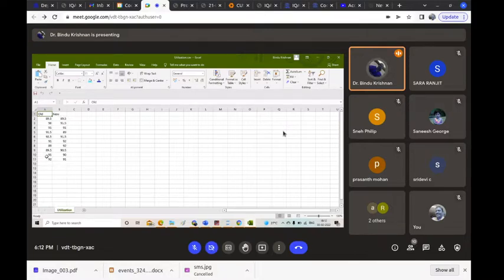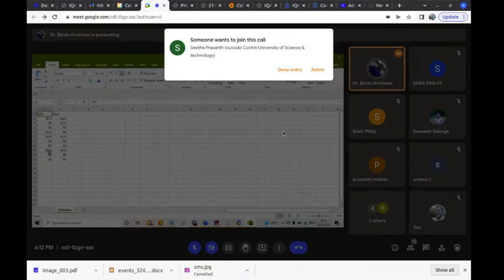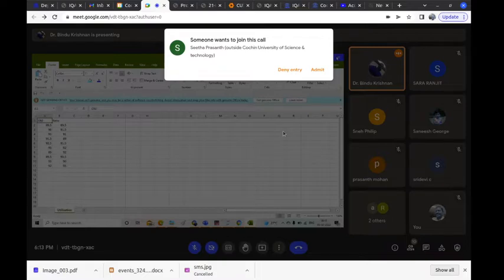For this particular data I have taken 10 samples in both sets, but it is not necessary that we always select the same number of samples in two sets. Maybe you can choose 10 samples here and 15 samples here. That may or may not be different. So in that criterion we use two terms, N1 and N2. N1 is the sample size for the first set, and N2 is the sample size for the second set.